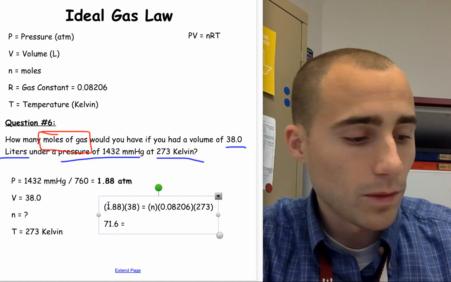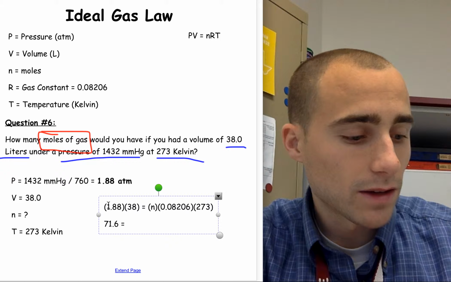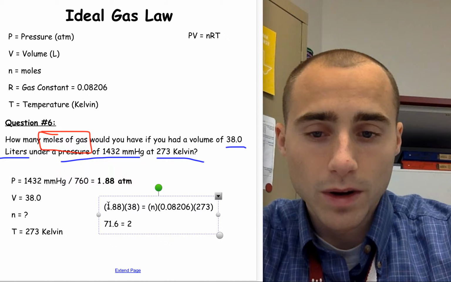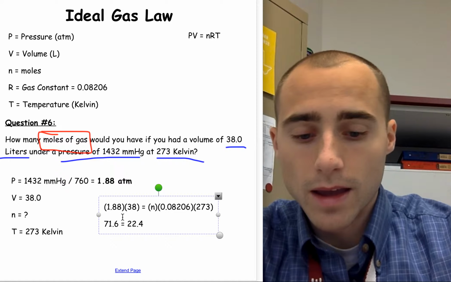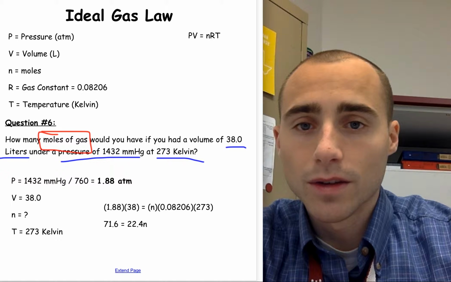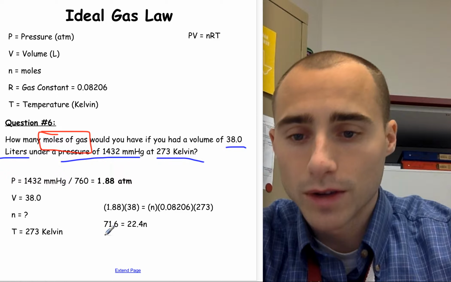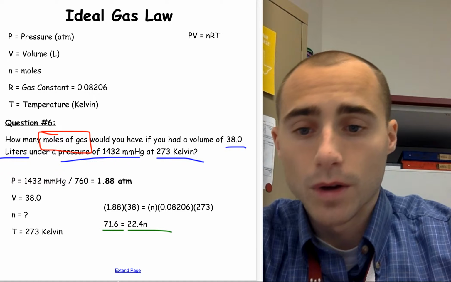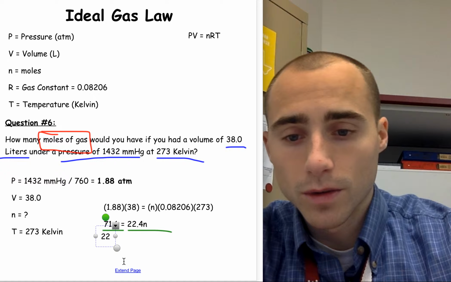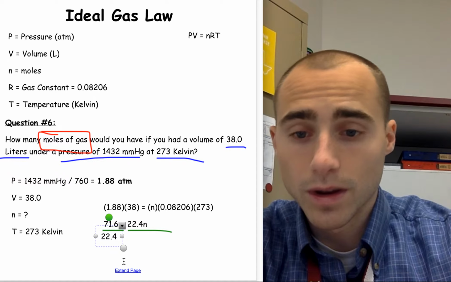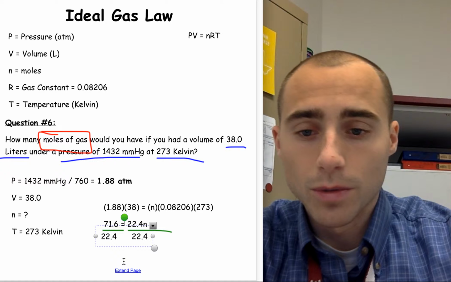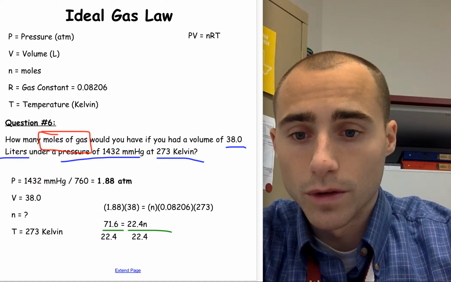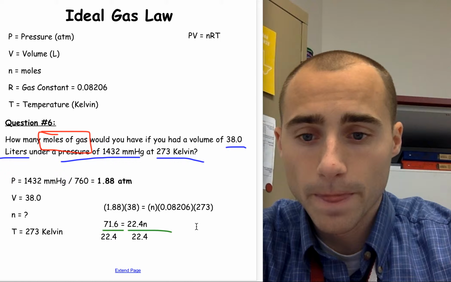1.88 multiplied by 38 is going to give you about 71.6. Set that equal to 0.08206 multiplied by 273, which is going to give you 22.4 n. And now because the n is on the right, we need to divide both sides by 22.4. And then we will solve for n.